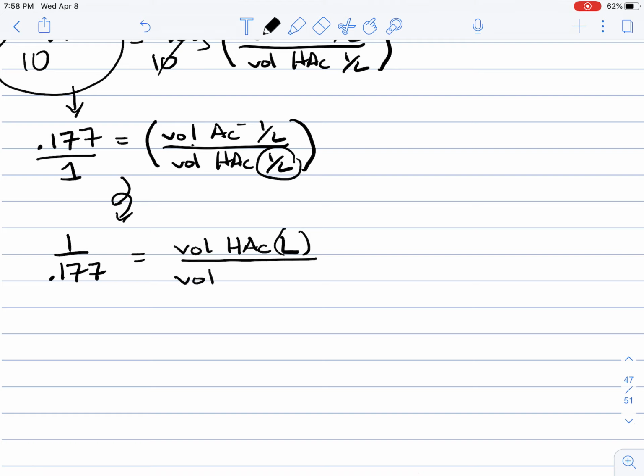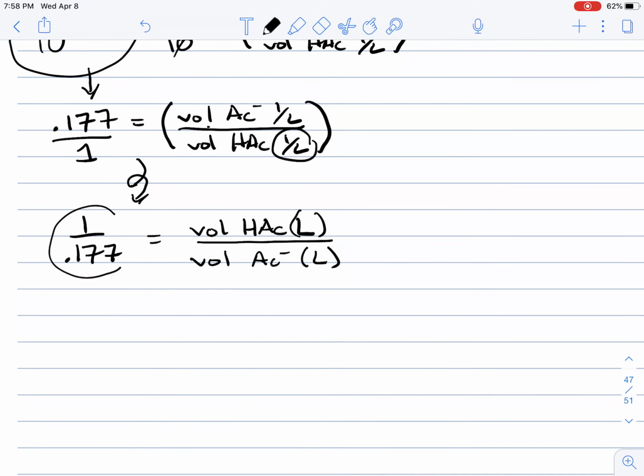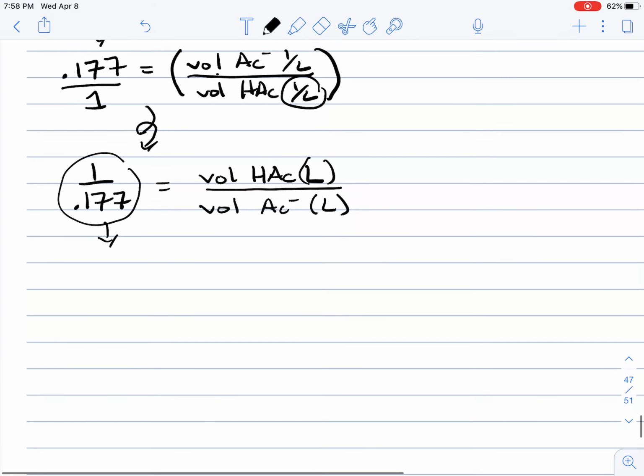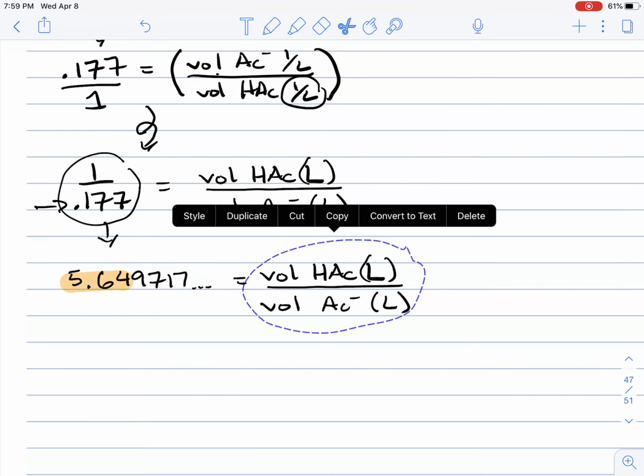And so here I have volume of the acetate in, once again, a liter basis. And so if you plug this into your calculator, what you get is 5.649717 continues. And so since there's like 3 sig figs here, I'm just going to make sure I'm keeping 3 sig figs. And so that's going to give me this volume right here.